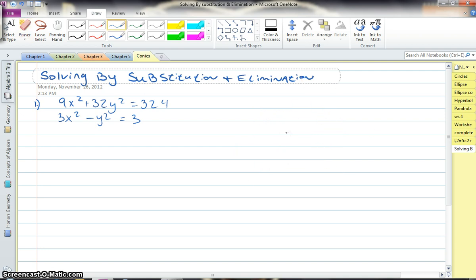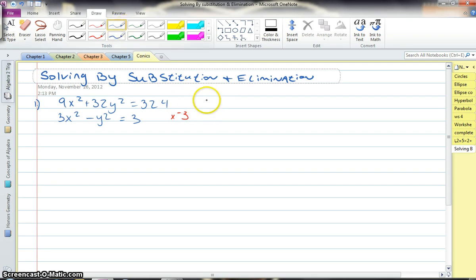So this one, everything's lined up. We have x squares and y squares, so I'm going to use elimination. I'm going to pick on my x squared terms. 9x squared, what's opposite of 9x squared? Negative 9x squared. So what do I need to multiply to get that to be negative 9? I would have to multiply the bottom equation by negative 3.